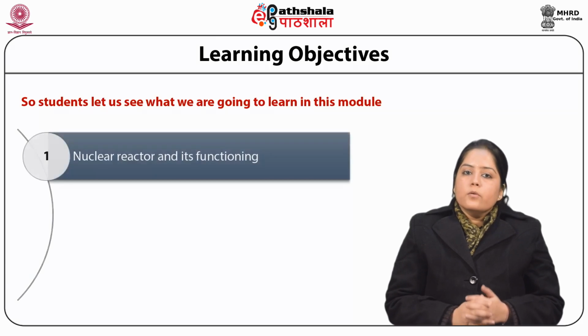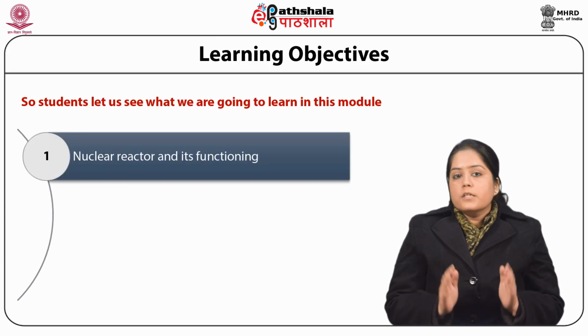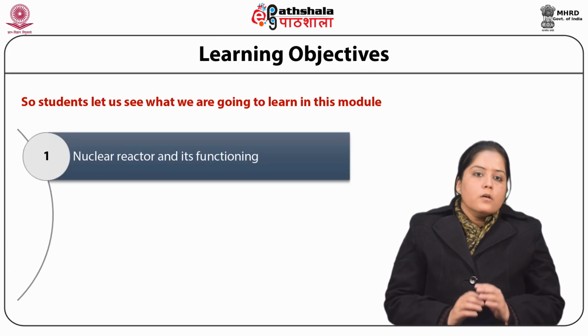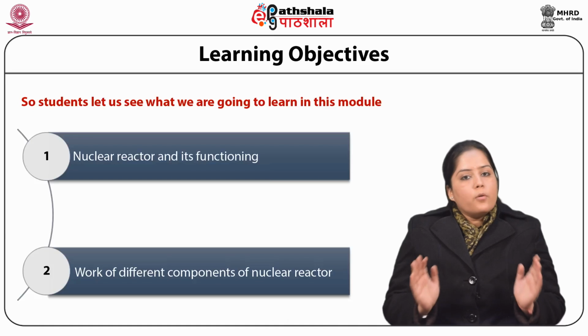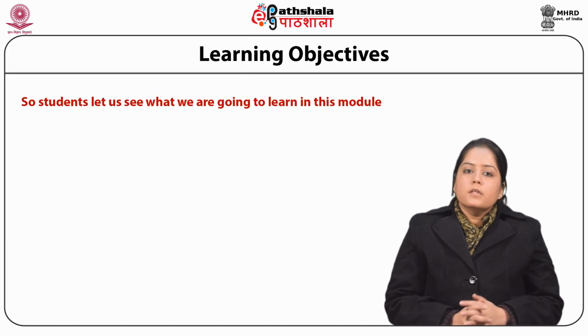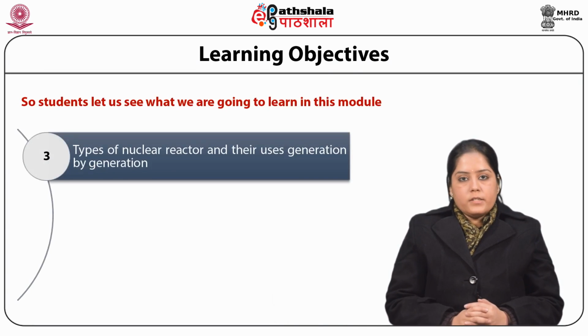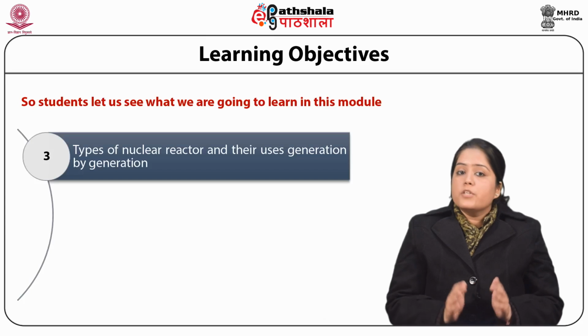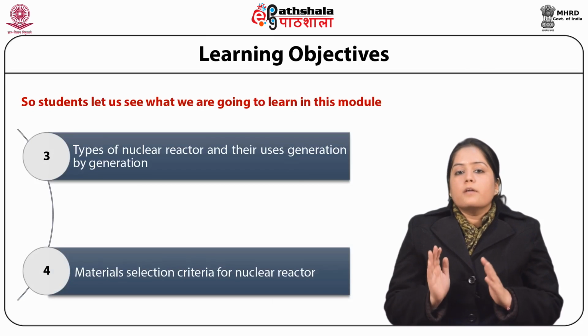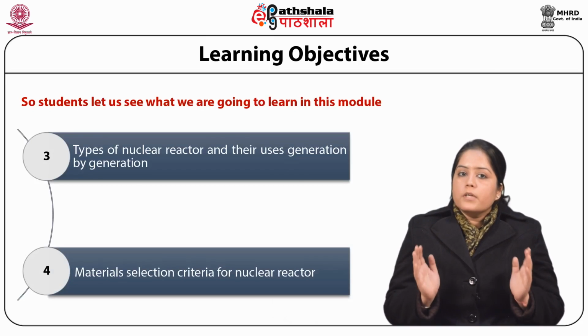First, nuclear reactor and its functioning. Second, work of different components of nuclear reactor. Third, types of nuclear reactor and their uses generation by generation. Lastly, materials selection criteria for nuclear reactor.